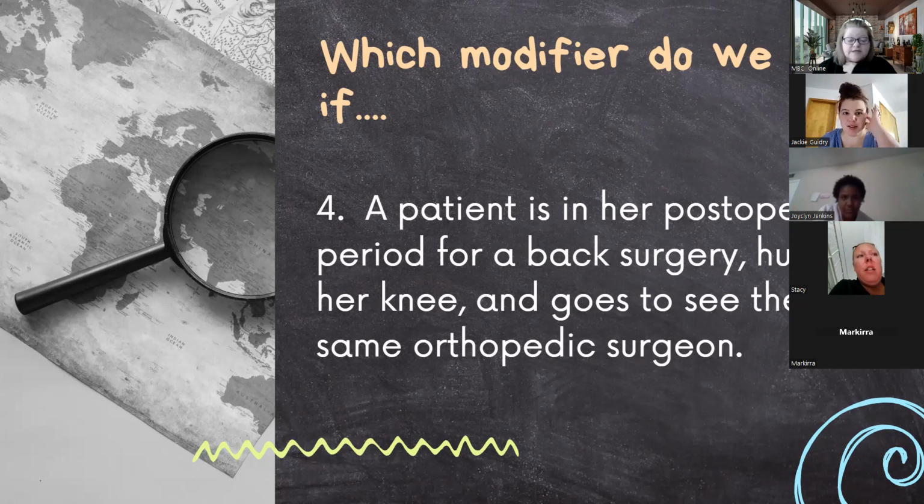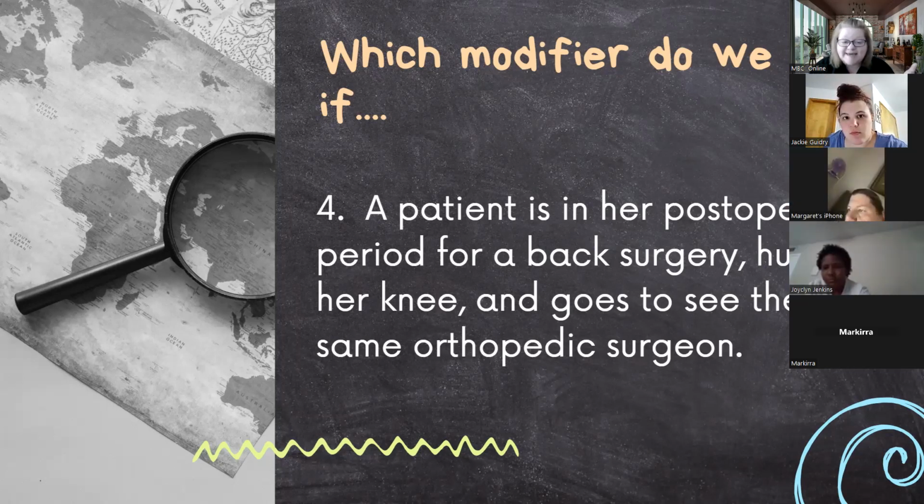Here's the difference. Y'all are looking at the 55 modifiers. Those are going to be attached to your procedure services. I didn't specify this in the example, so it was kind of a trick question. But let's say I'm talking office visits, E&M service. A patient is in her post-operative period for a back surgery, hurts her knee, and goes to see the same orthopedic surgeon. Has an office visit with that surgeon to see about her knee. So it's unrelated.